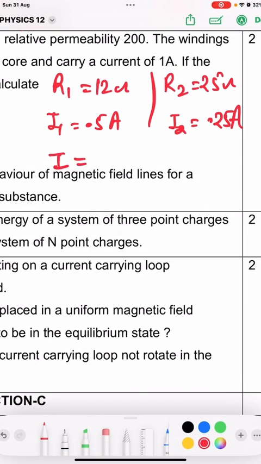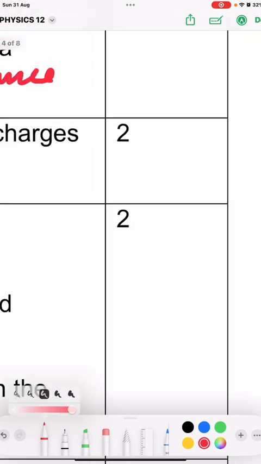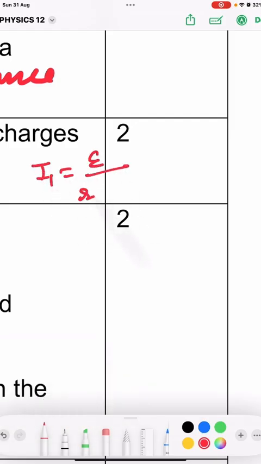Current formula is net EMF by net resistance. So current in first case will be net EMF, EMF will be same, and net resistance will be internal resistance plus R1.